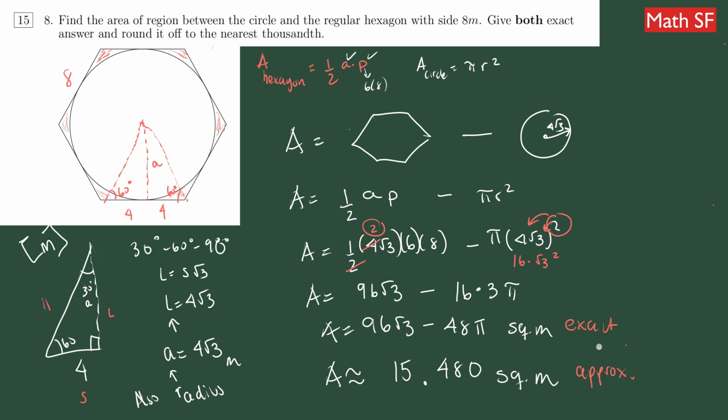So to find that shaded part, the space between them, we had to find the area of the entire regular hexagon, which needed its apothem, and subtract the area of the circle.